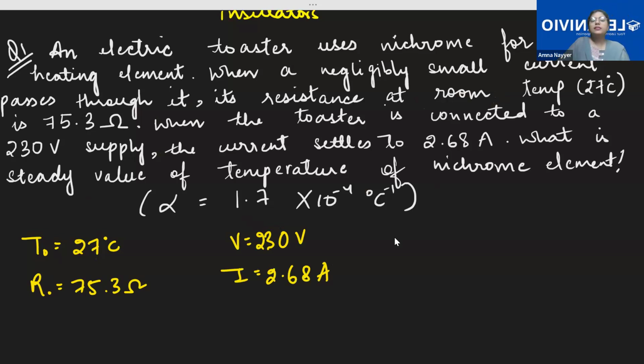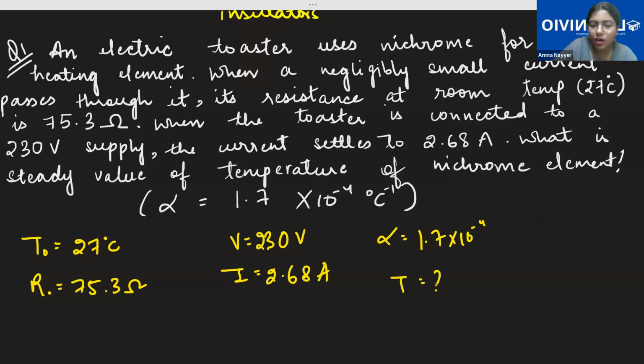What is the steady value of temperature of the nichrome element? It has given us alpha as 1.7 into 10 to the power minus 4. So basically, temperature T we have to find out, which is missing in this question.